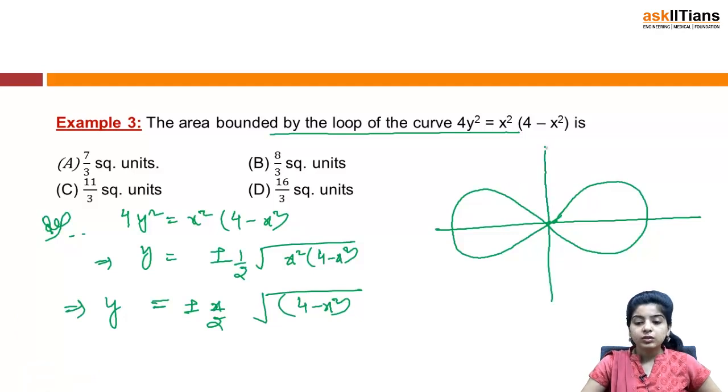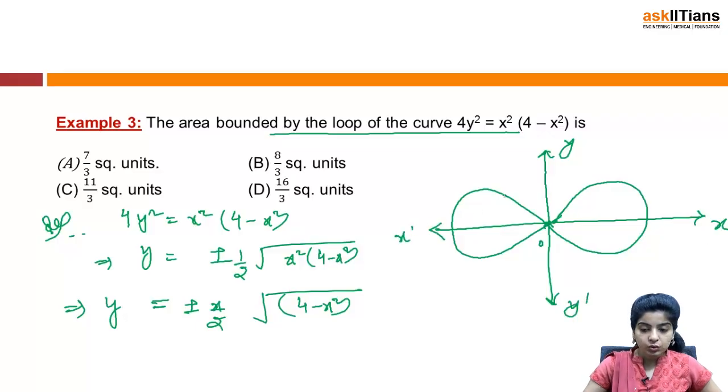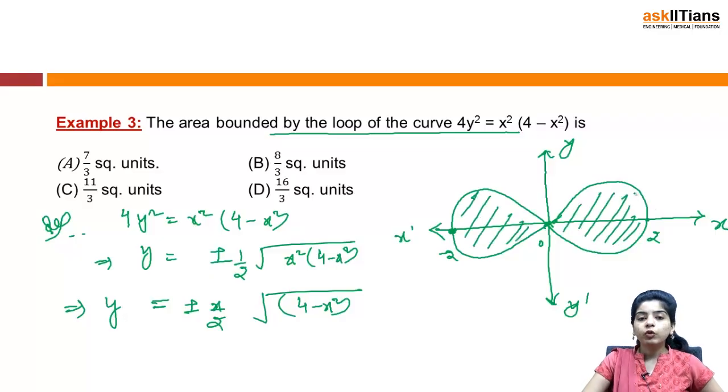So this is my y axis, this is y dash, this is my x axis, this is x dash, and this is my origin. This would be minus 2 and this would be 2. So this is the area that we are required to compute: the area bounded by the loop of the curve 4y square equal to x square (4 minus x square).